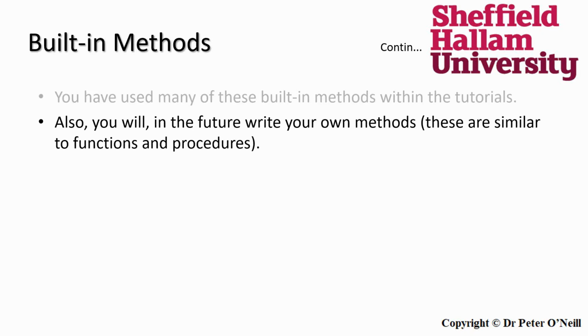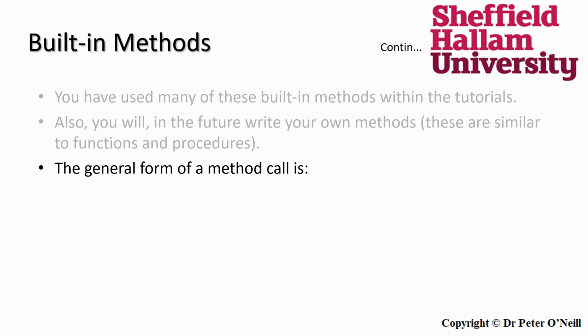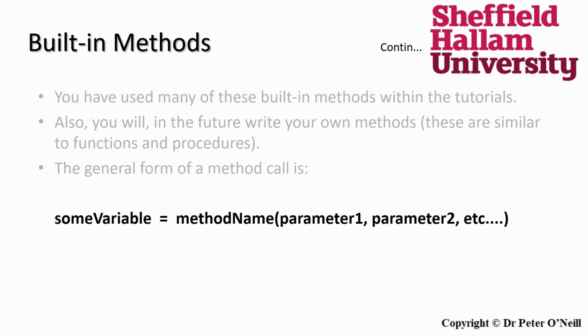Also, you will, in the future, write your own methods, such as my dialogues. These are similar functions and procedures. The general form of a method call is: some variable it returns becomes method name followed by the number of parameters the method takes.